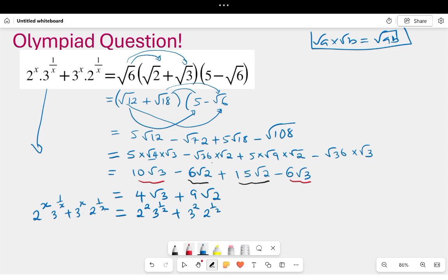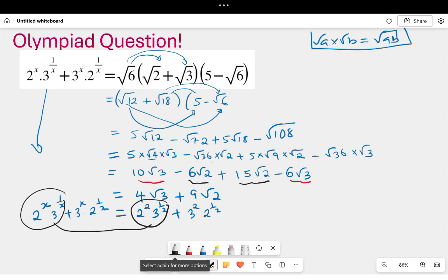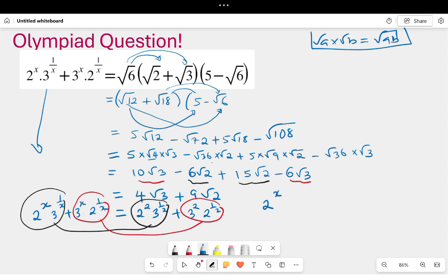Now, clearly, we have a common pattern here, which can be linked to this one here, and even over here can be linked to this one here. So what it means is that 2 to the power of x and 3 to the power of a half is just equal to 2 squared and 3 to the power of a half.